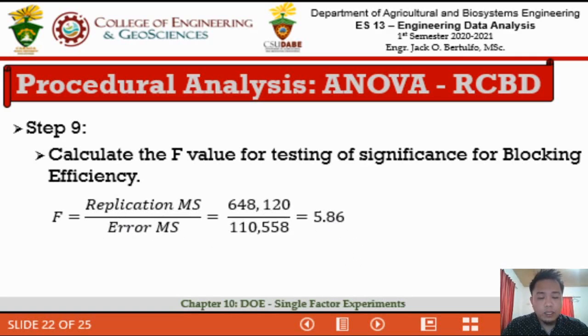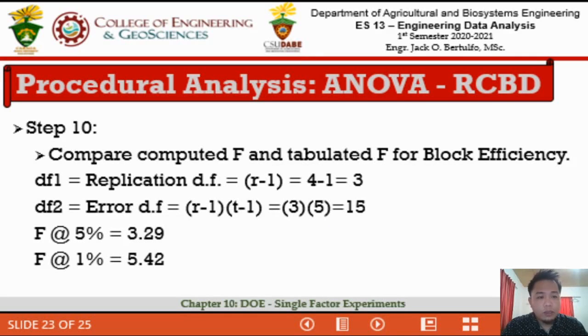So let's compare this to the tabulated value. Earlier, the DF1 we used was the treatment because we were trying to find the difference between treatments. Now, since it is replication, we use the replication degree of freedom, which is 3.